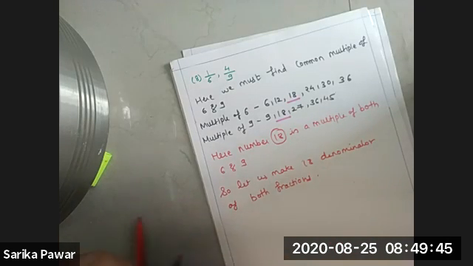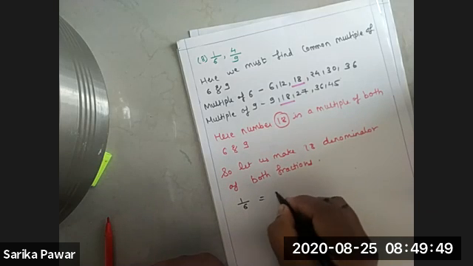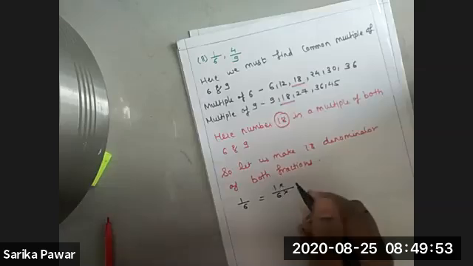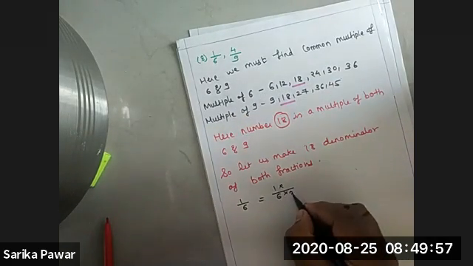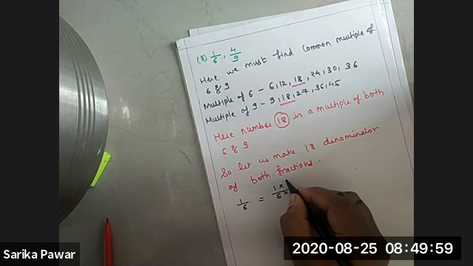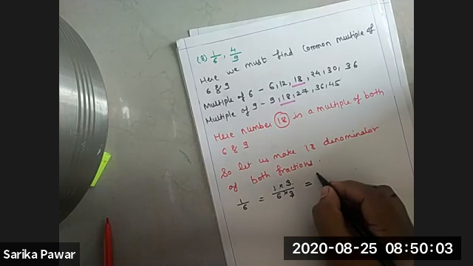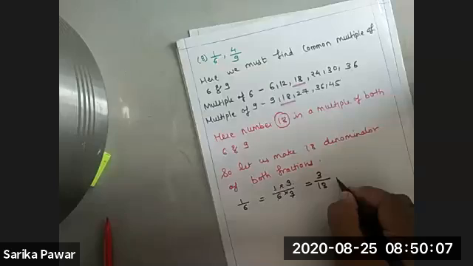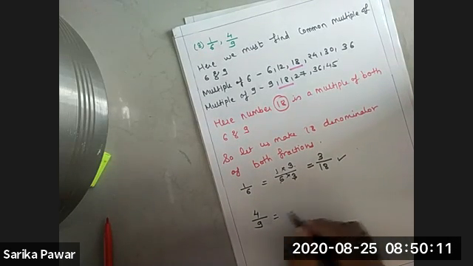See, 1 upon 6. 6 3s are 18. So if you are multiplying here by 3, the same number 3 in the numerator, a very important step it is. 3 1s are 3, 6 3s are 18, right? 4 upon 9.